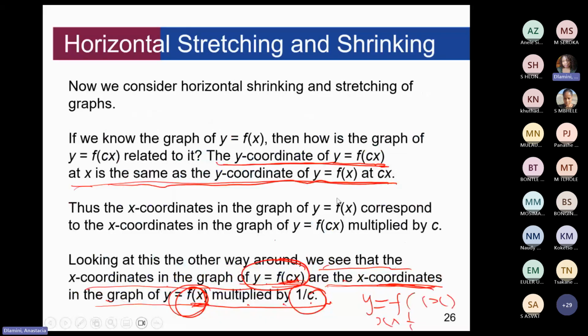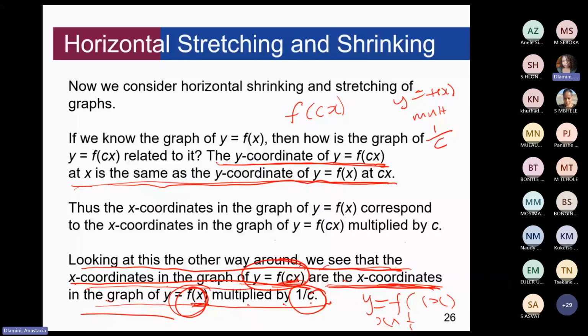Looking at this the other way around, we see that the x coordinates of f of cx are the x coordinates of the graph of y equals f of x multiplied by 1 over c.